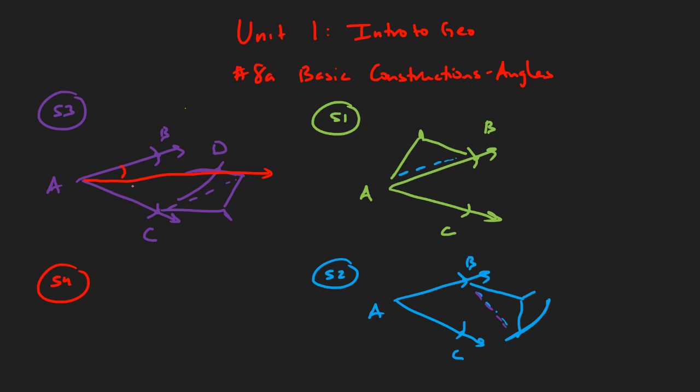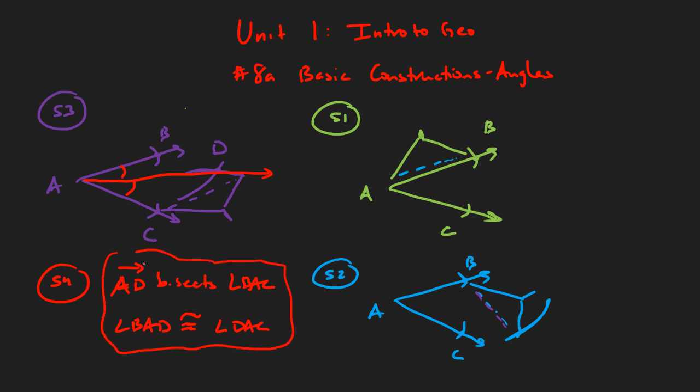It should show that this top angle and that bottom angle are congruent, and we will say that ray AD bisects angle BAC, which means that angle BAD, the top angle, is congruent to angle DAC. And that is all shown in that construction.